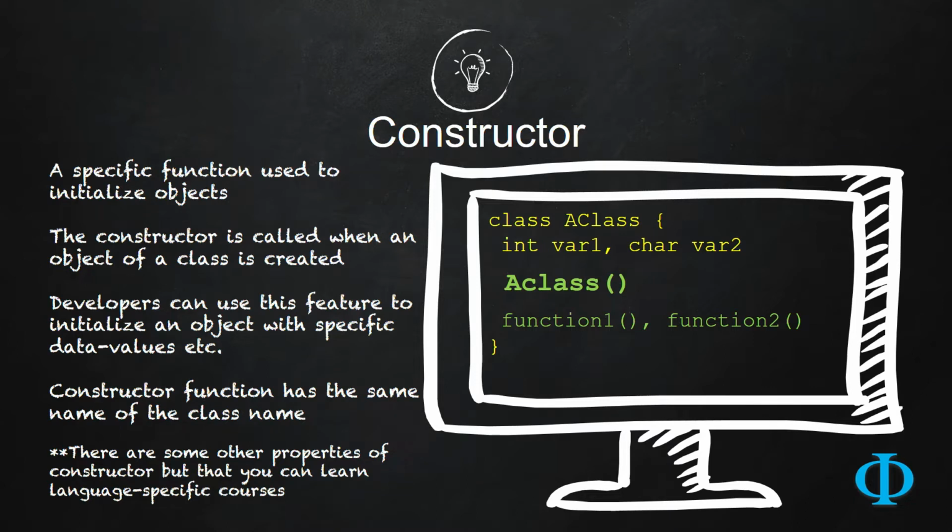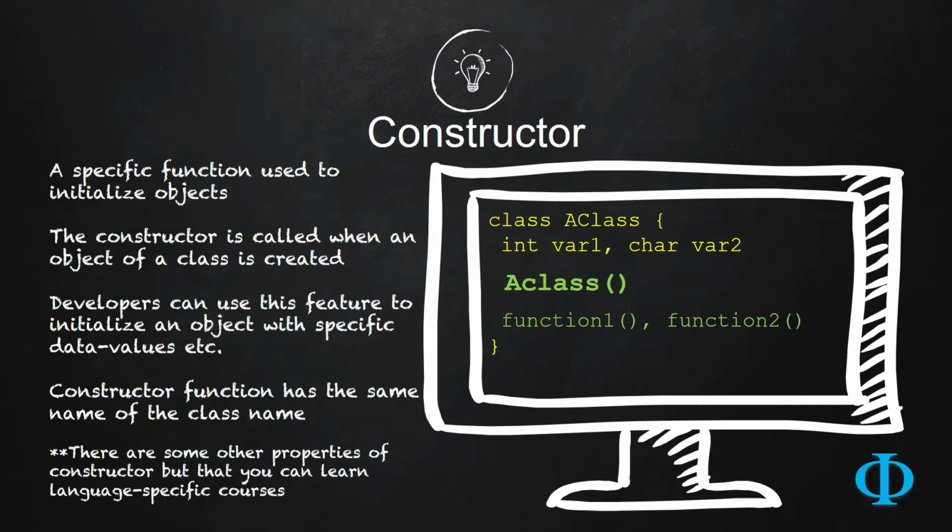Now, in most programming languages, constructor function can be developed utilizing some specific rules. Now, constructor is basically, from the development perspective, a special type of function which has some specific properties.